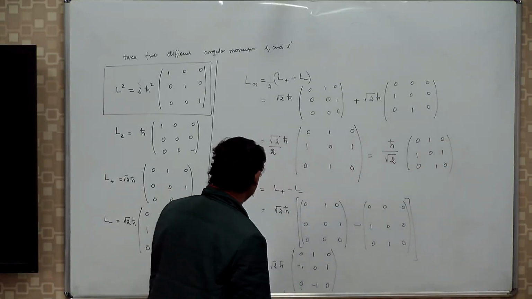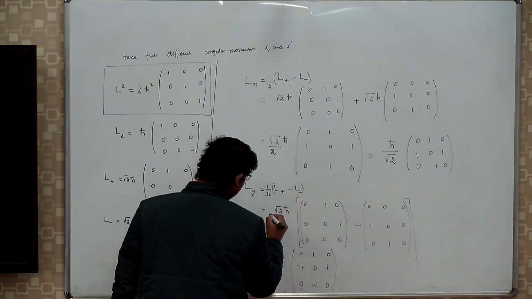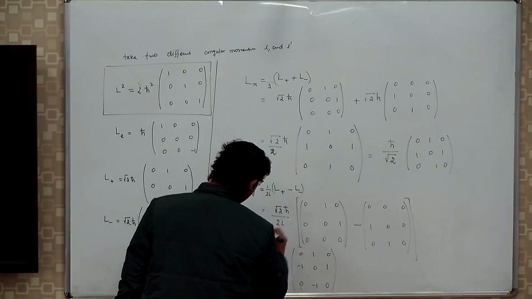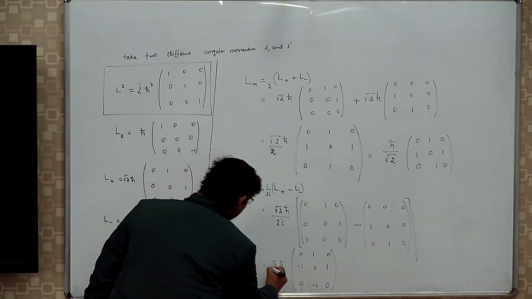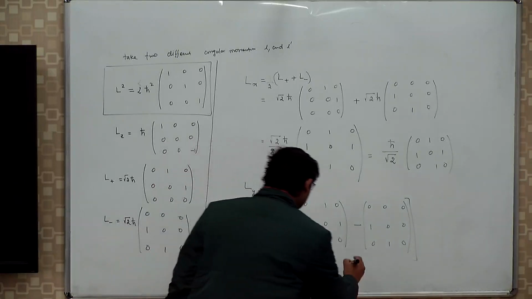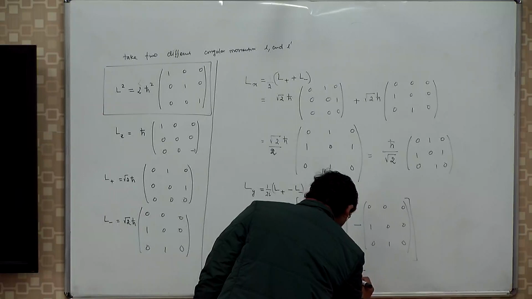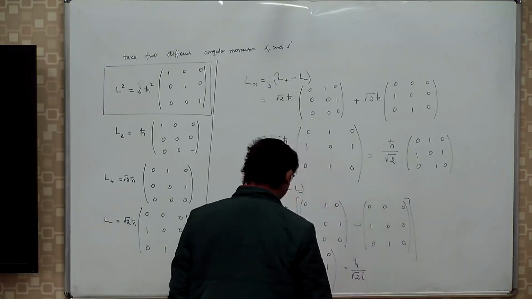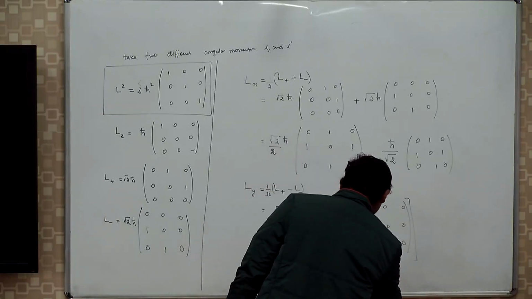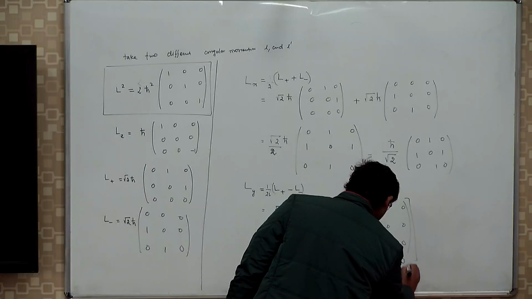And similarly here, 1 over 2i, then h cross over square root of 2i times 0, 1, 0, minus 1, 0, 1, 0, minus 1, 0.